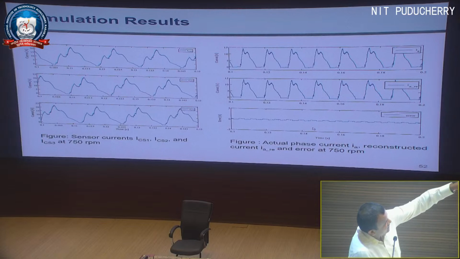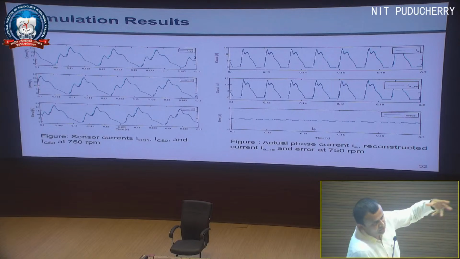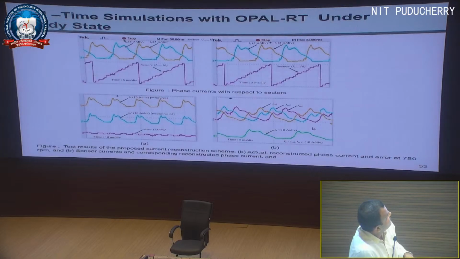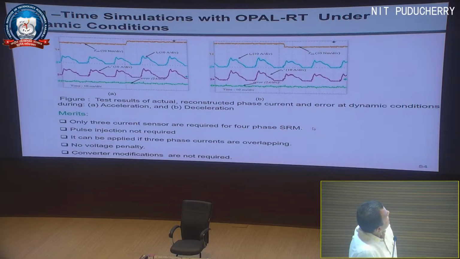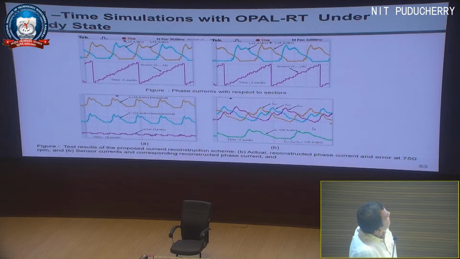In the second one, you can appreciate the way in which it is reconstructed. So if you put a current sensor and measure, and if you reconstruct, what is the error? The error is very minimal here. This is the experimental results taken in a DSO, under dynamic condition, and this is under steady state condition.